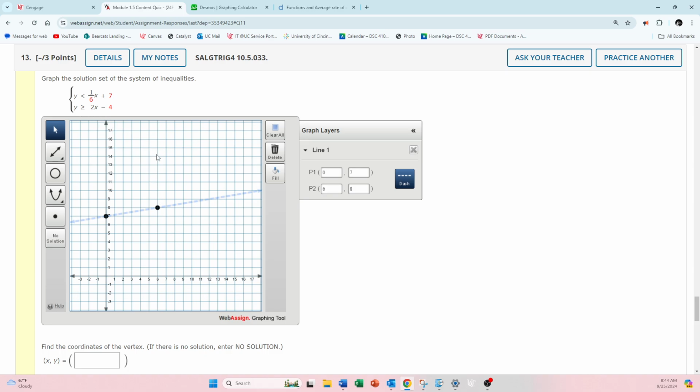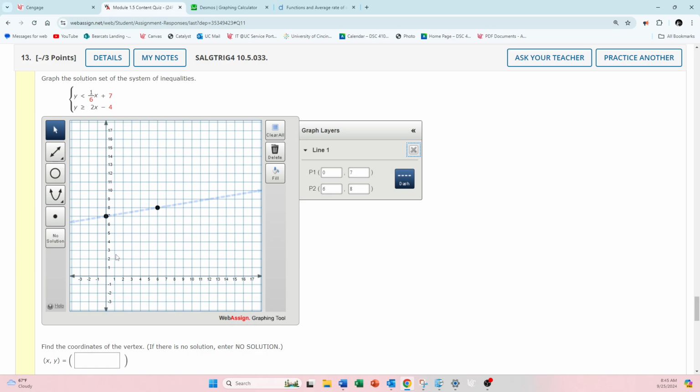So let's talk about the second equation here for a second. Second equation, I'm going to start my y-intercept at -4. Ooh, I can't do -4. Okay, well, if I can't do -4, then I need another point.